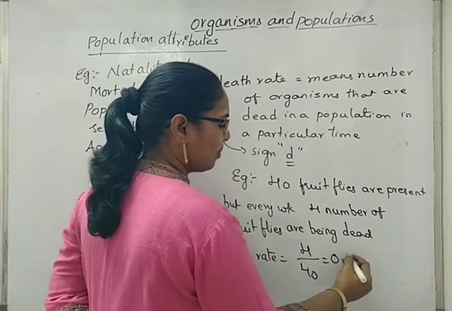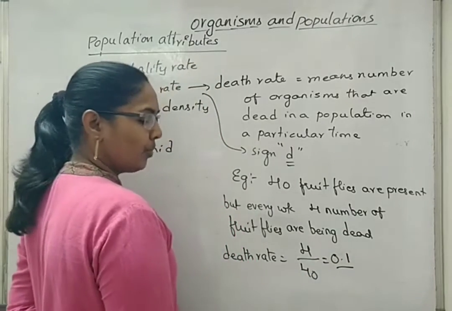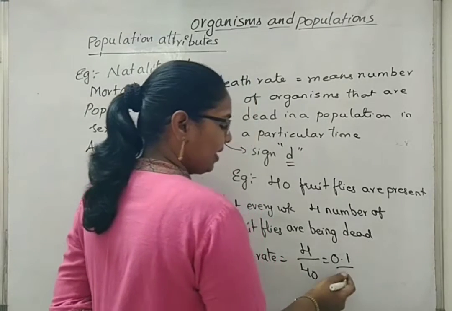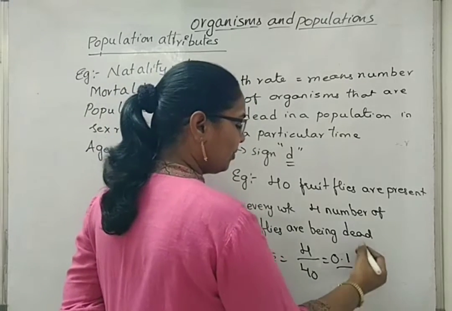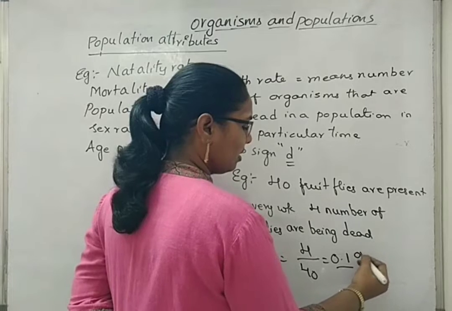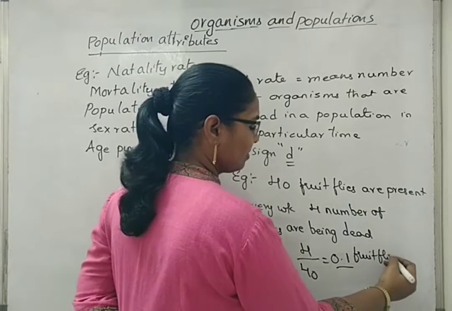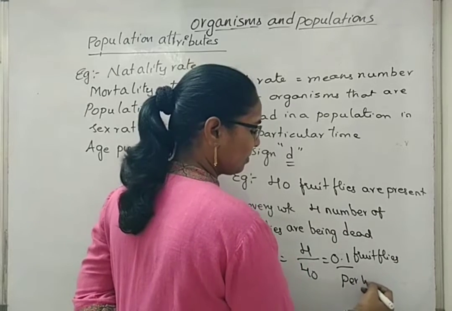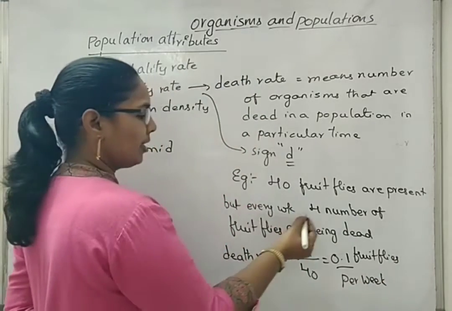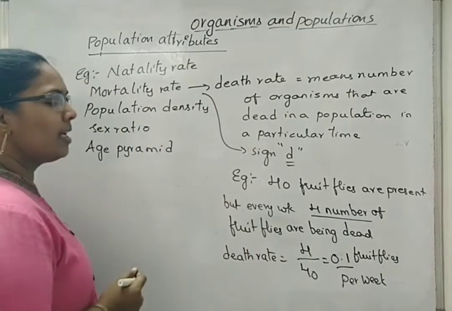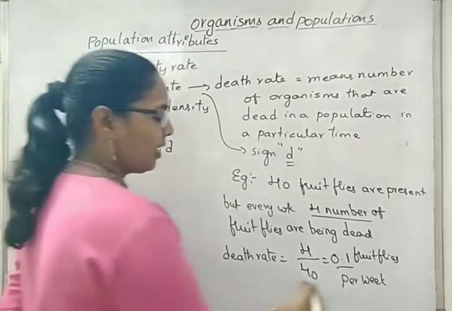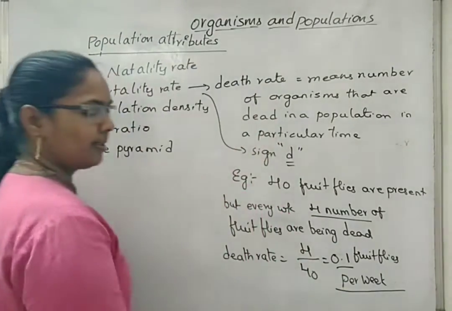So the answer will be 0.1. We can finish this answer as 0.1 fruit flies per week, because 4 fruit flies die every week. So we have finished the answer with per week.